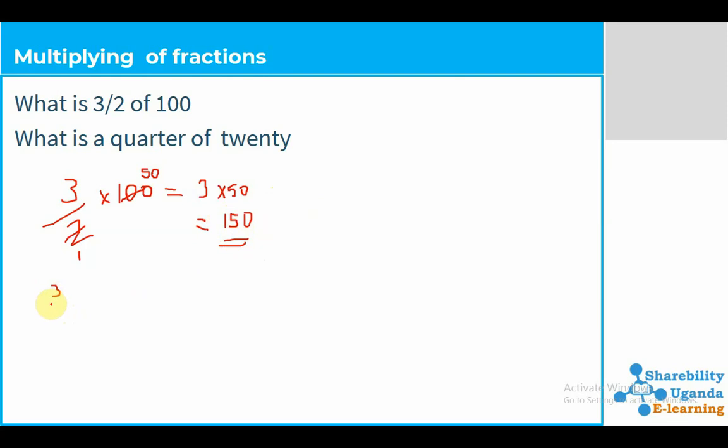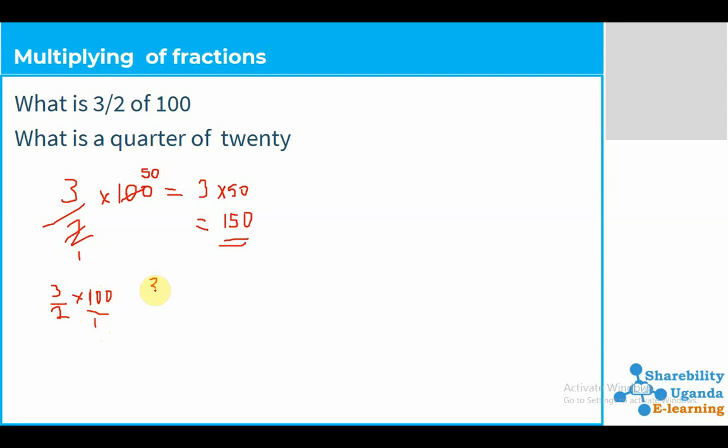Similarly, you can also say 3 out of 2 times 100. You also can divide 100 by 1 to make it a fraction.